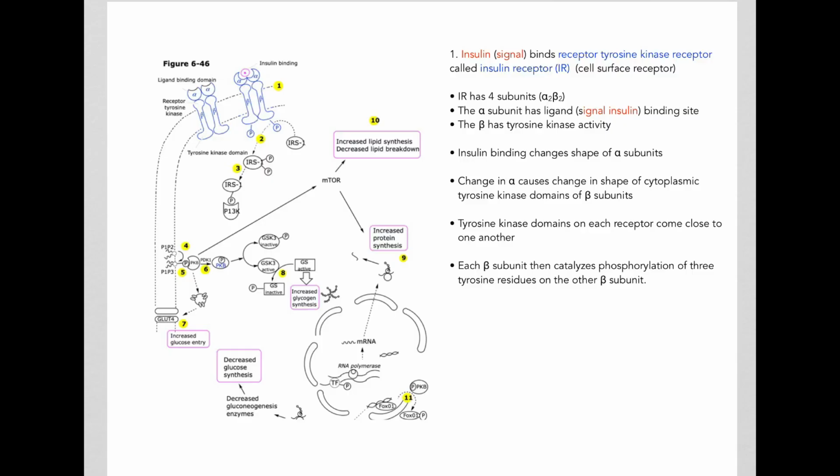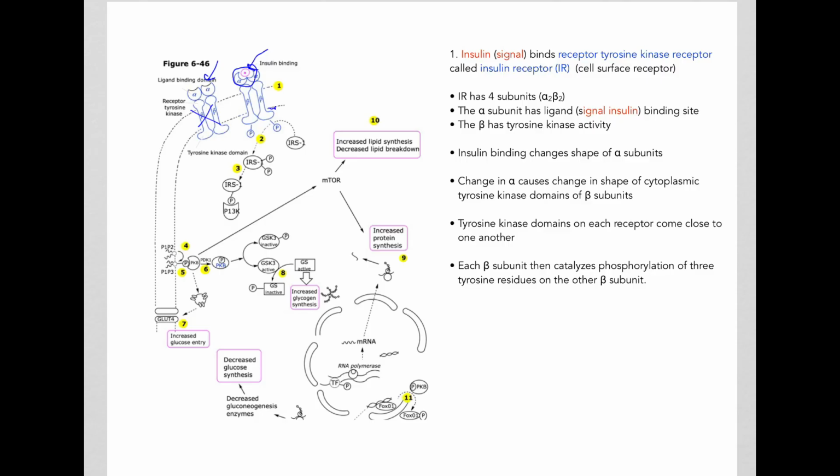So when there is no signal bound to the insulin receptor, basically nothing happens. However, when insulin binds to the alpha subunits, the alpha subunits start changing shape, and because they are connected to the beta subunits, the beta subunits now will start changing shape.